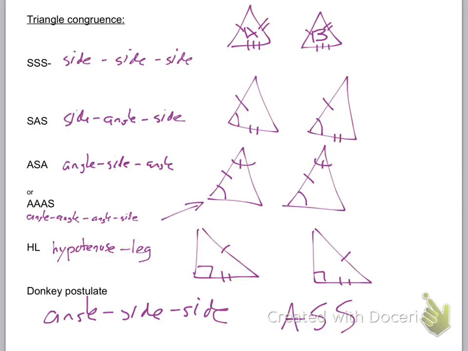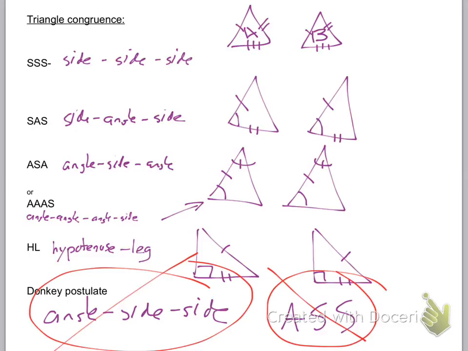There is, guys, no donkey postulate. The donkey postulate does not work. The donkey postulate, which so many students want to use to prove triangle congruency, just doesn't work. There's not enough information to show that two triangles are congruent. So therefore, I do not want to see the donkey postulate because we're not technically allowed to use that here. Cancel it.